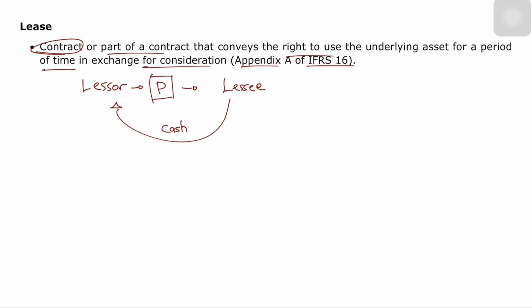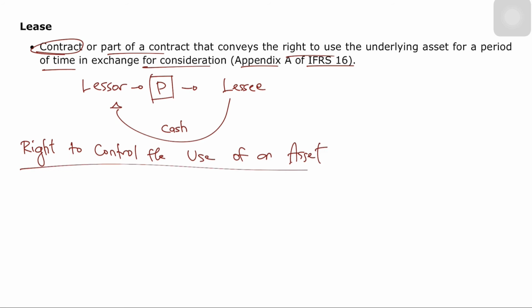Okay? So to be a lease now, the contract must convey the right to control the use of an identified asset. Alright? So paano natin malalaman na merong right to use or to control the use of an asset si lessee? Well, according to IFRS 16, a contract conveys the right to control the use of an asset if throughout the period of use or throughout the lease term, the customer has the right to what?